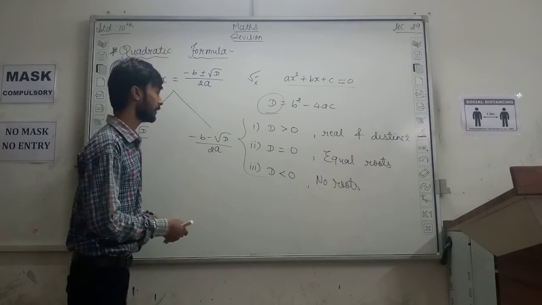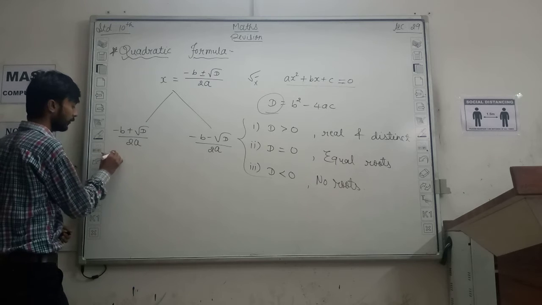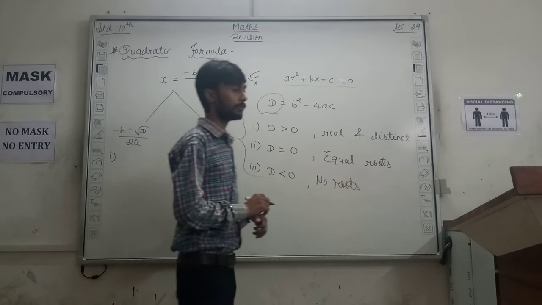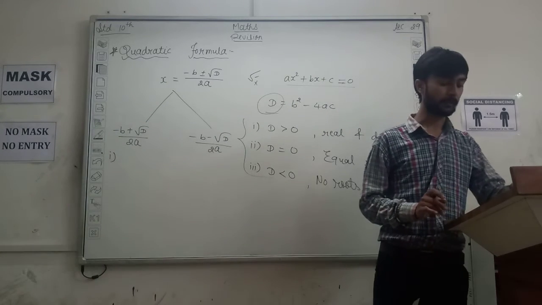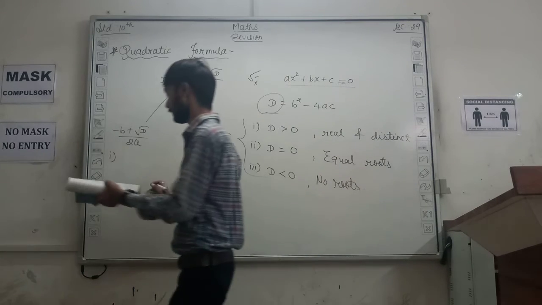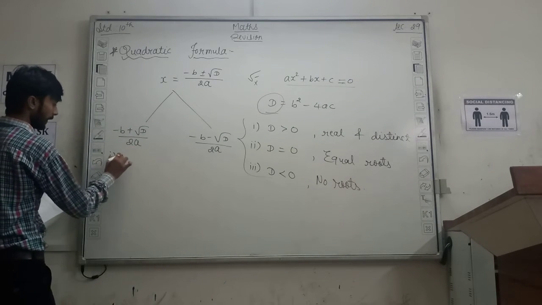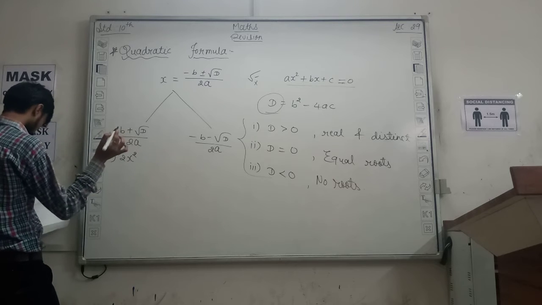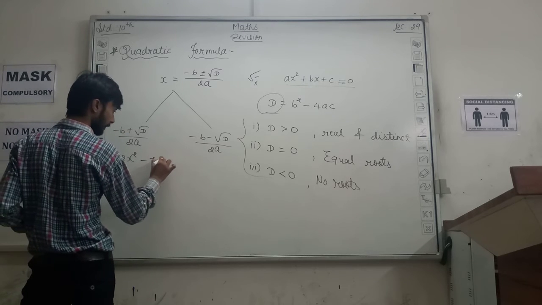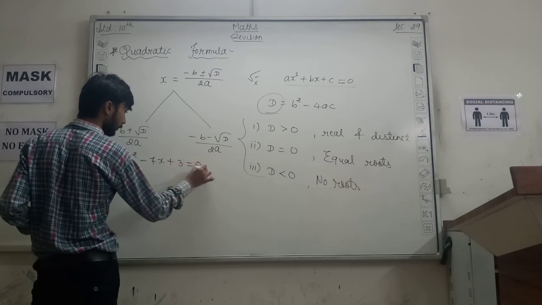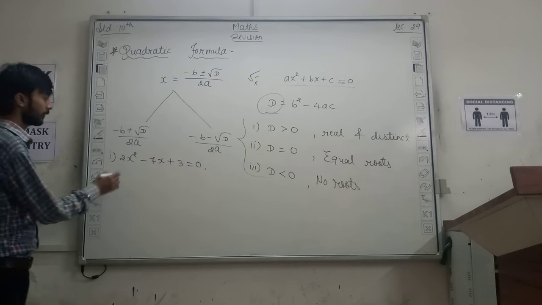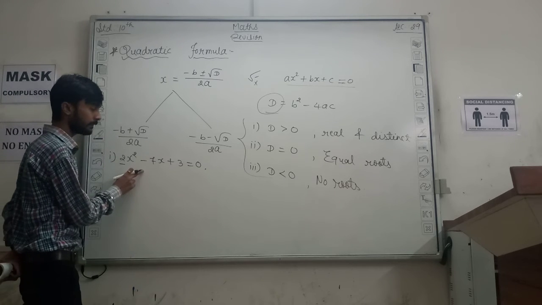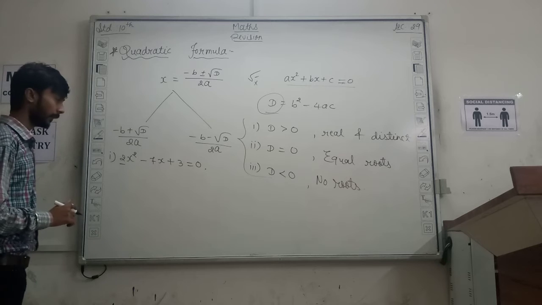So first we need to find the value of d. First equation is 2x square minus 7x plus 3 equals 0. Now the value of a is 2, b is minus 7, c is 3, right?